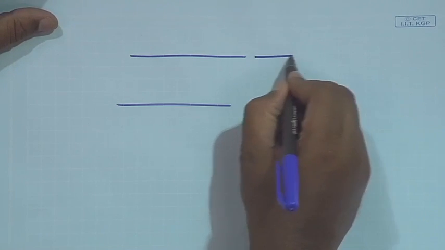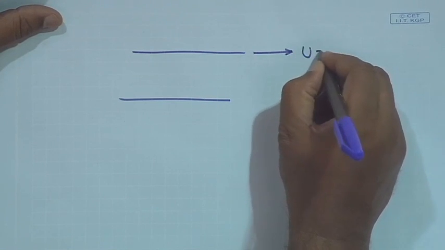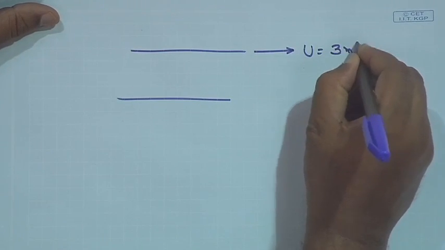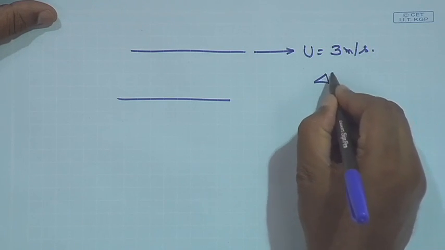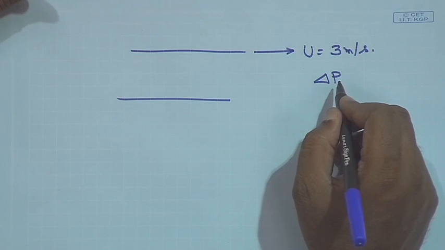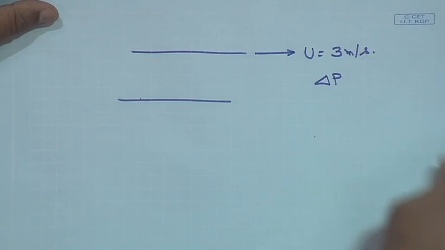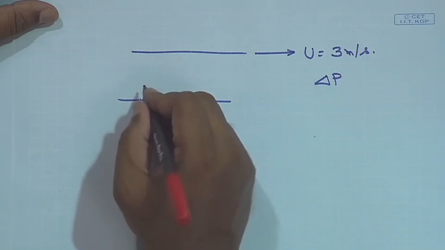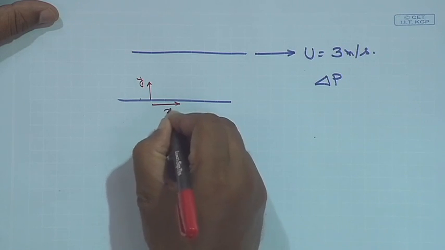The upper plate moves to the right with a velocity u equals 3 meter per second. This is your y and this one is the x direction.